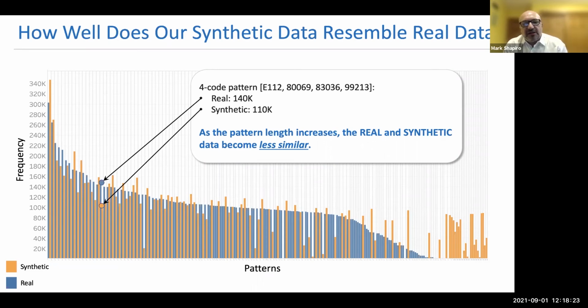But as the length of the pattern increases, the similarity becomes less and less pronounced, which is good, because the longer patterns are probably less frequent and can more easily be attributed to a smaller group of patients, maybe not individual patients. So the fact that synthetic and real data diverge means there is a very low risk of violating privacy.